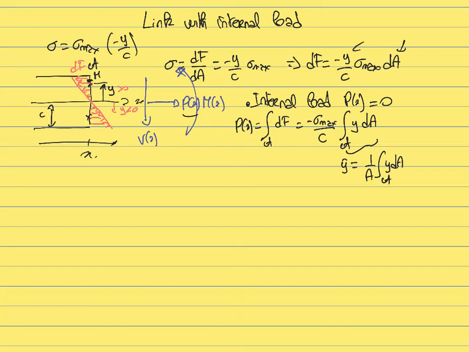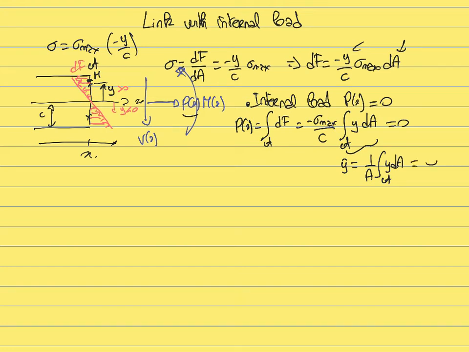So the beam is still going to have the same length along the longitudinal axis, and if the length doesn't change, then the internal load is zero. So necessarily this thing is equal to zero. If P of x is equal to zero, then necessarily it means that the integral of y dA is equal to zero.